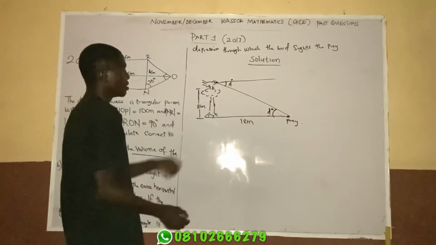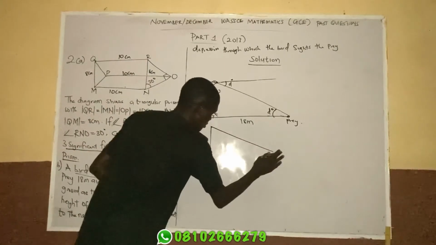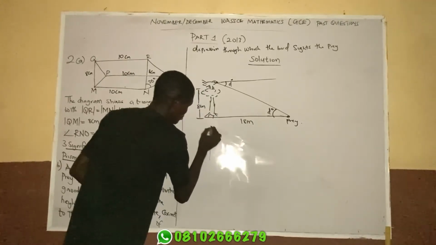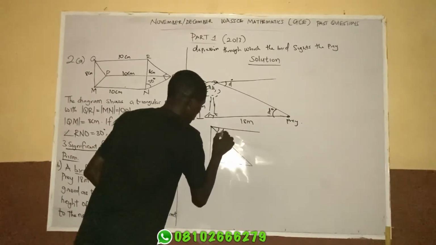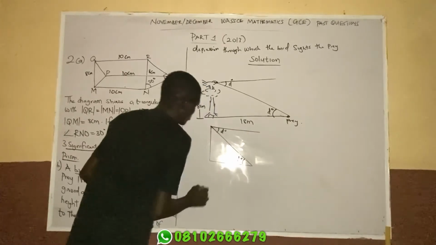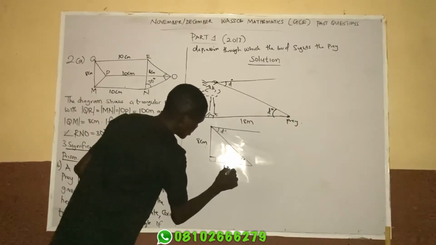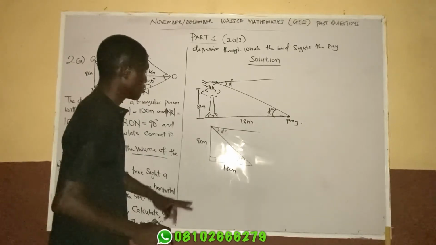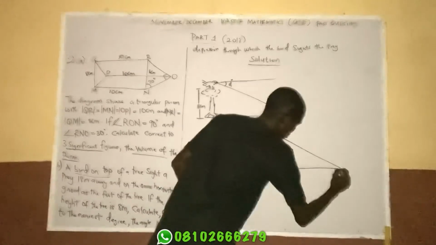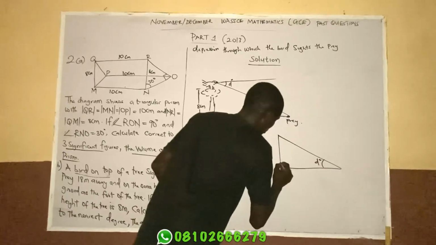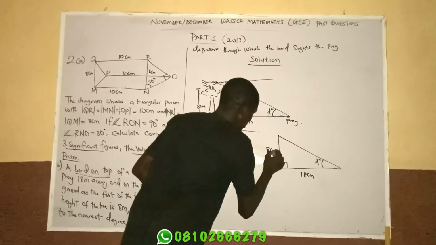When you bring the whole thing down, we have a right angle triangle like this, with angle of depression D degrees, 90 degrees here, 8 on one side and 18 on the other.